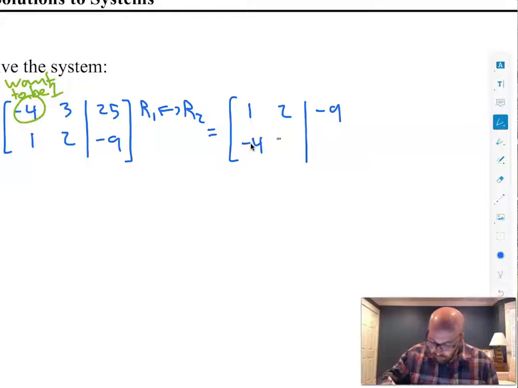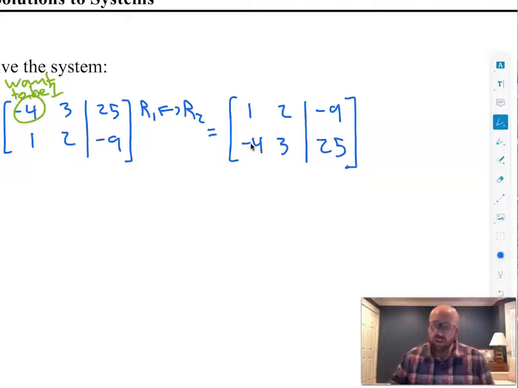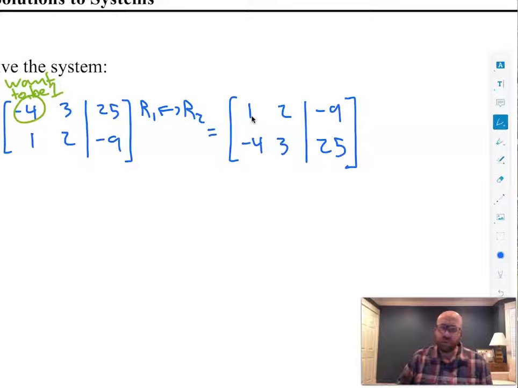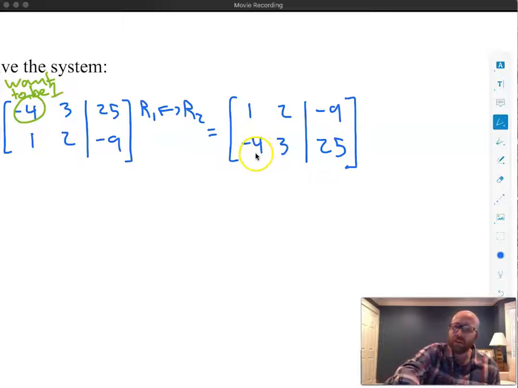Negative 4, 3 equals 25. Now we've achieved what we want. Remember, the first goal is to get this first element in row 1 to be a 1. Now what do we want to do? Well, going back to that goal sheet on the previous page, we want this element to be 0.